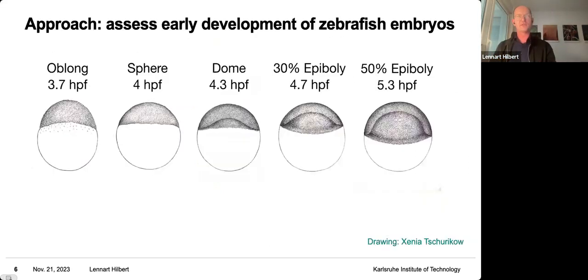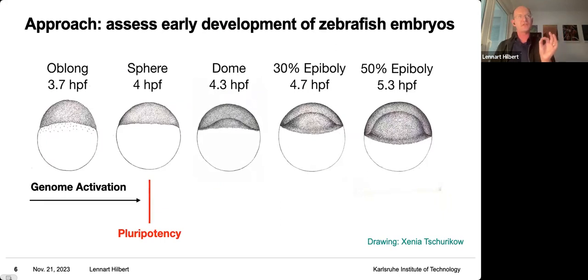And as for many questions, if we need some orientation and just input, we go again to the zebrafish embryo, as it offers, of course, over the course of development, many changes in transcription levels. So we would take here the sphere stage that we have gotten to know before that is more or less identifiable with embryonic pluripotency, a preceding stage, oblong, just 0.3 hours before, 20 minutes, where we still have genome activation as part of development.